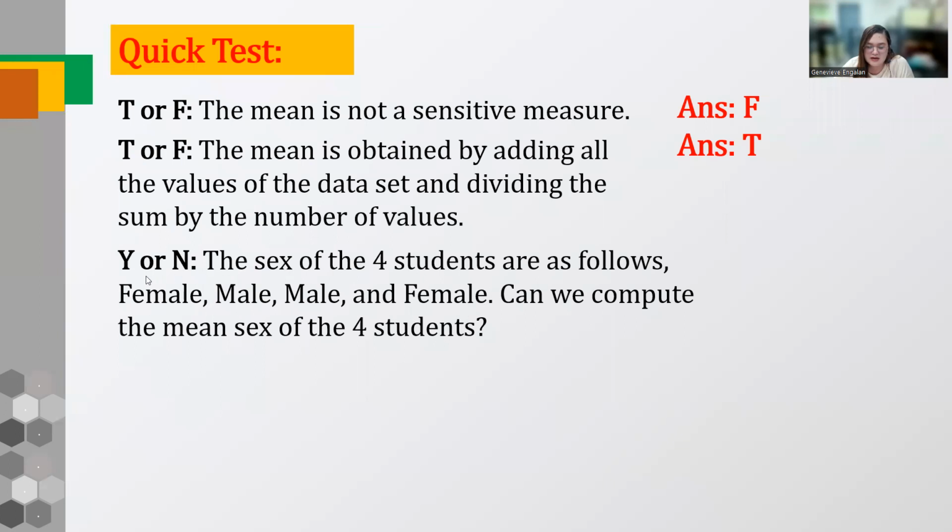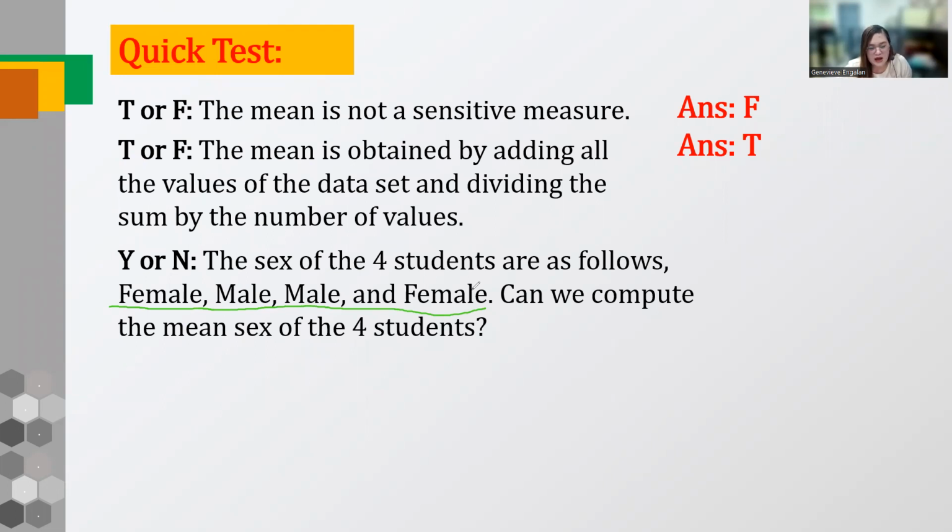Unsa man ni iyang level of measurement? Nominal, ordinal, interval, or ratio? Ordinal, no. This is nominal. Nominal na siya. Di man nato ma-order kinsay una si female or si male ba.